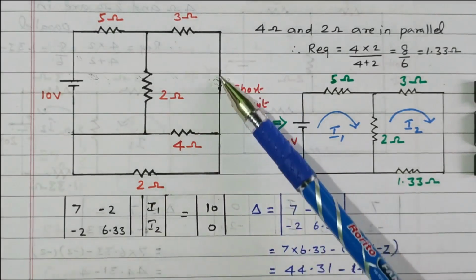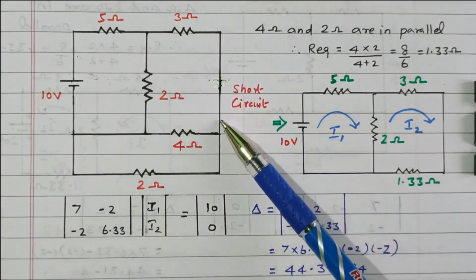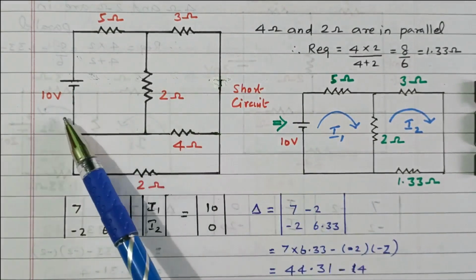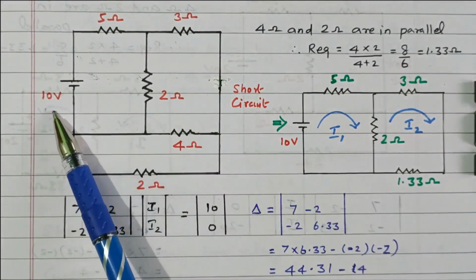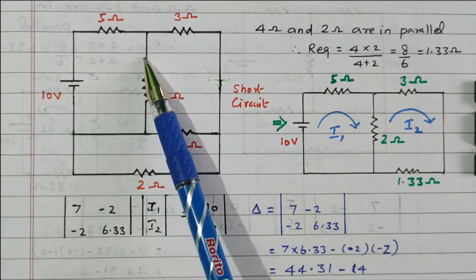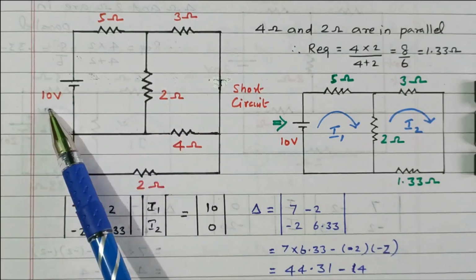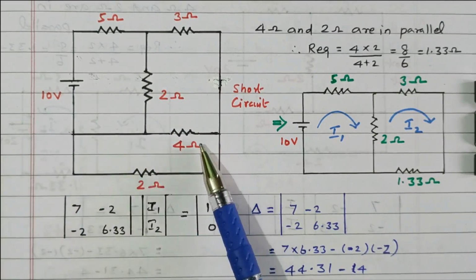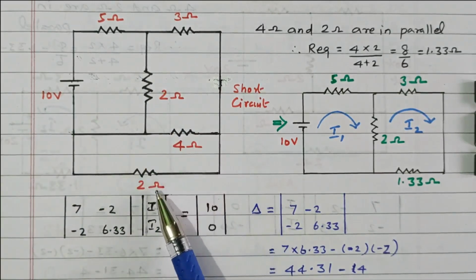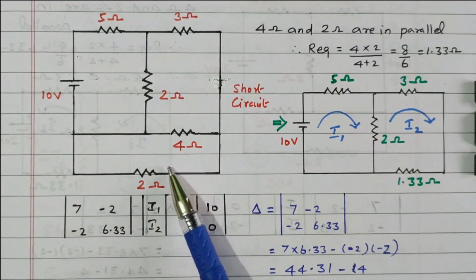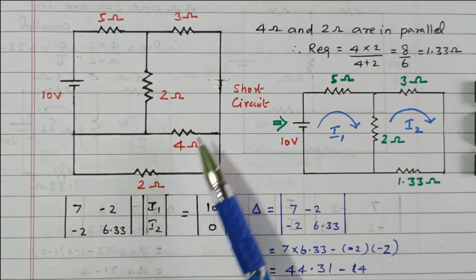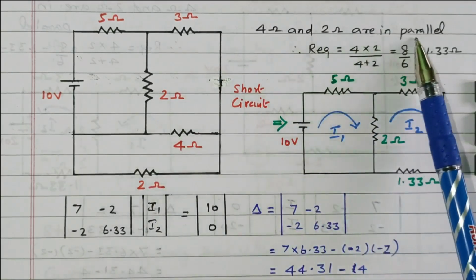Here the 20 volt source is removed and replaced with a short circuit. Now only the 10 volt source is available. Our aim is to find the current flowing through this 2 ohm resistor due to only the 10 volt source. The circuit is further simplified: this 4 ohm and 2 ohm are connected in parallel.